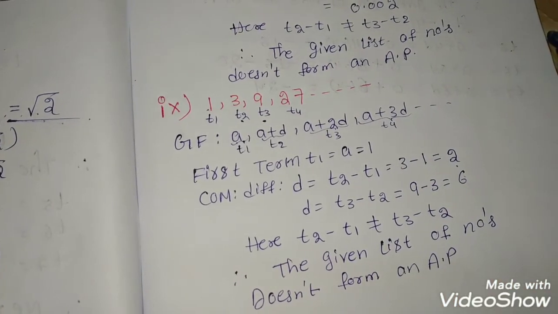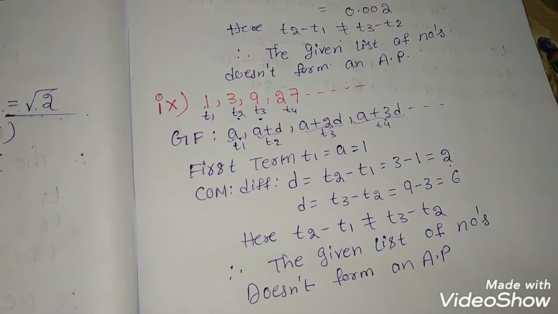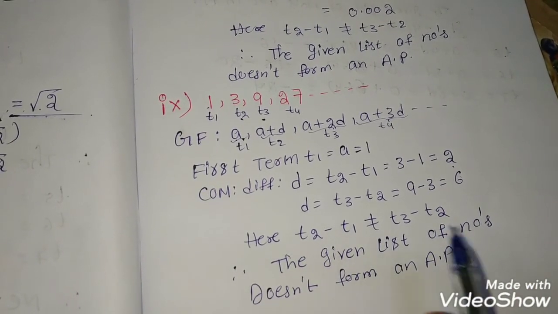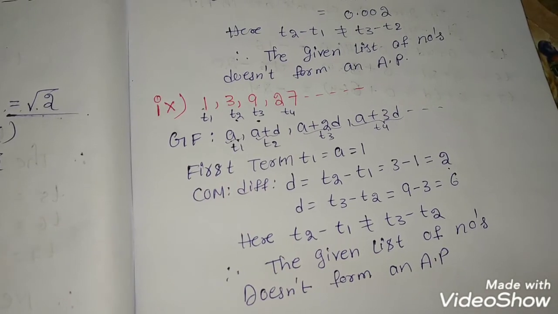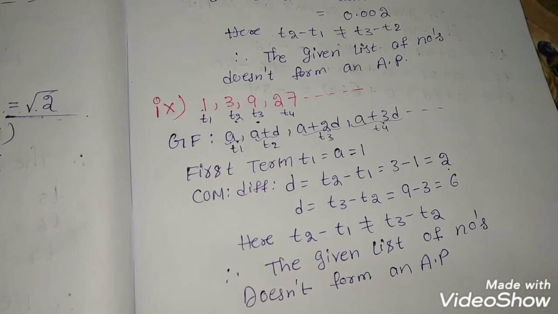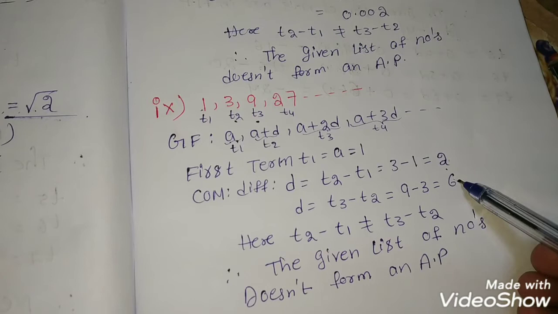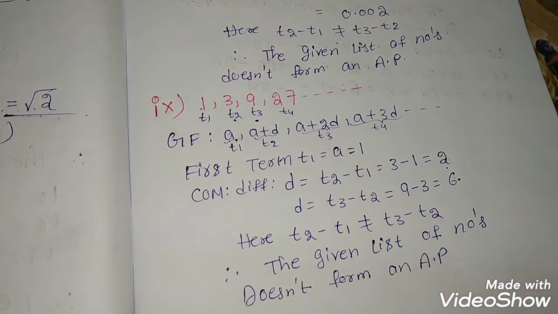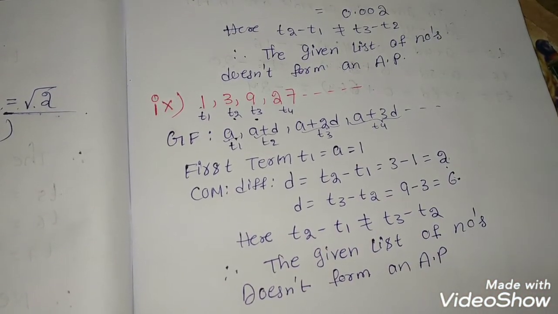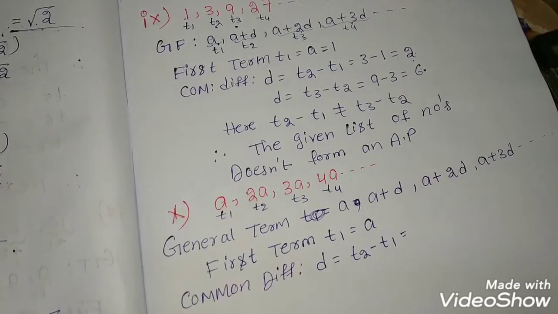Simple. So there is no need to find the next 3 terms because this is not in the arithmetic progression. Understand? If you get a constant number here, then you have to find next 3 terms. Okay, understand? Let's go for next question.